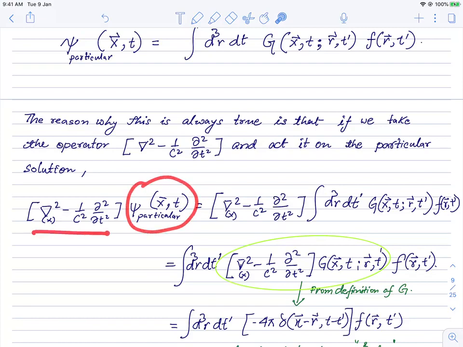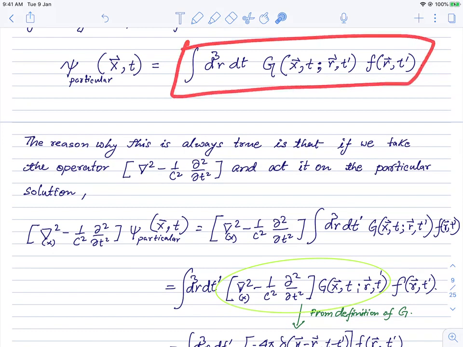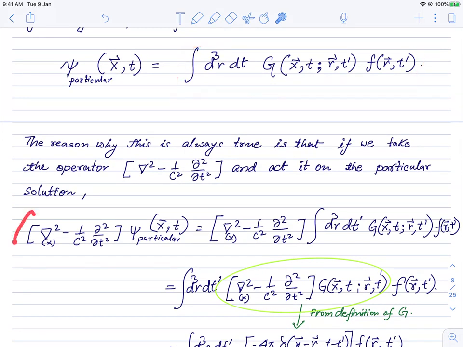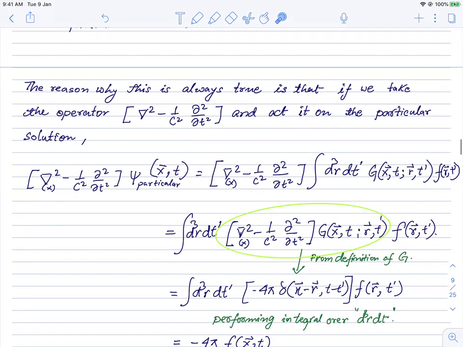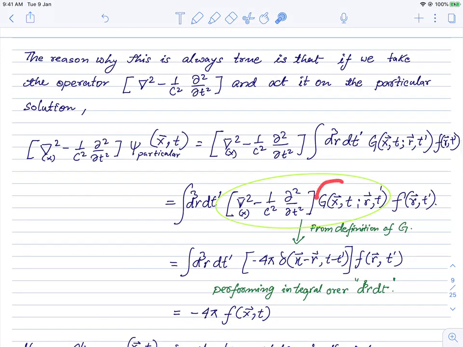then because psi is given by this integral, and x is the variable that psi depends on, the operator can be taken inside the integral, and therefore it can act on this Green's function, which is the kernel of the integration.